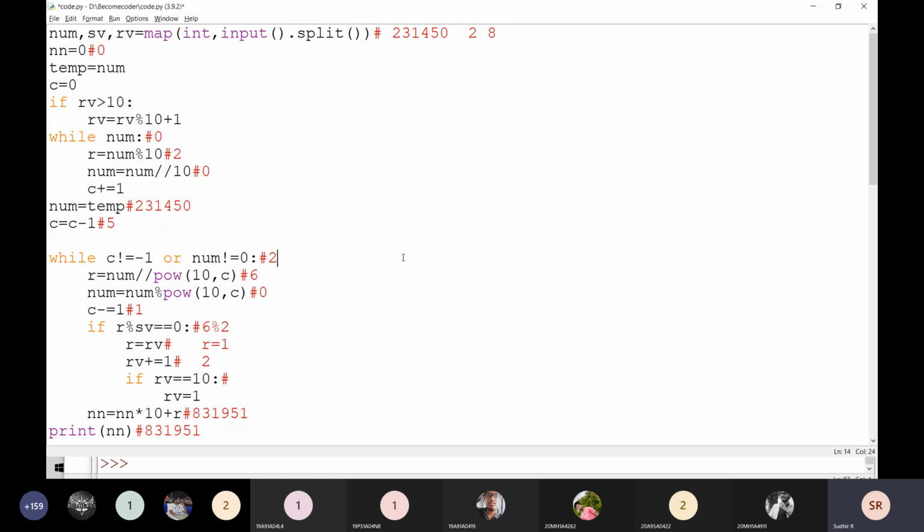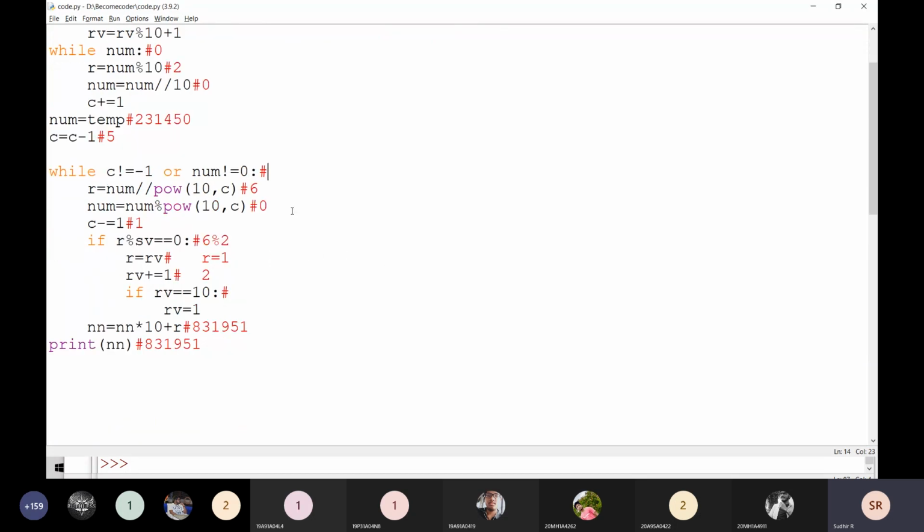Now, just try to listen here. Every line I'm going to check what is the output at this point. Finally, it is checking what is the C value. C value is 5, not equal to -1.